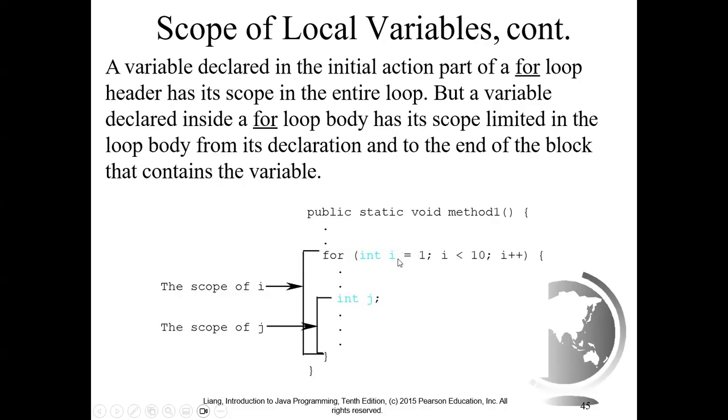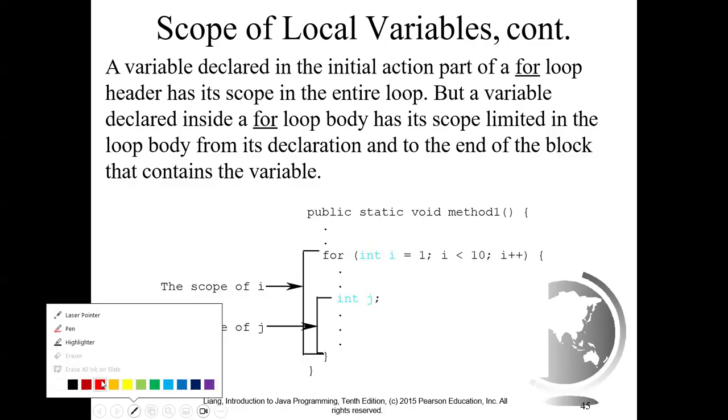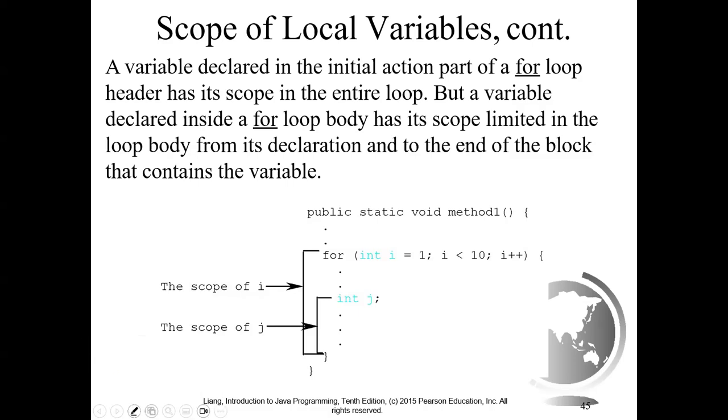For example, the i is declared in the for clause there, so i is valid from the first line within this, this line, this line, all the way until here. This is i.